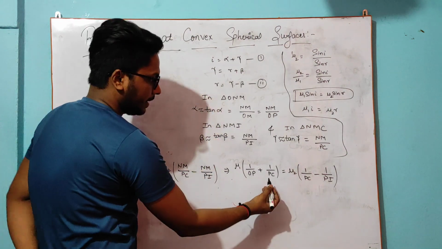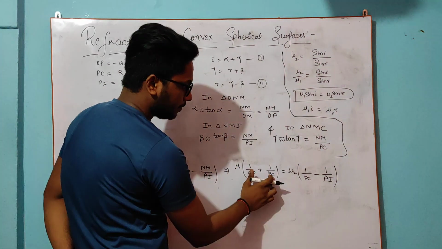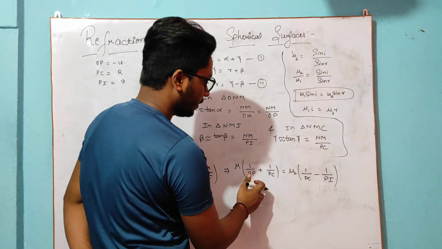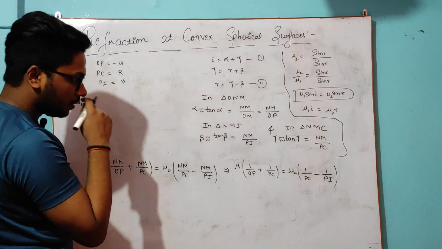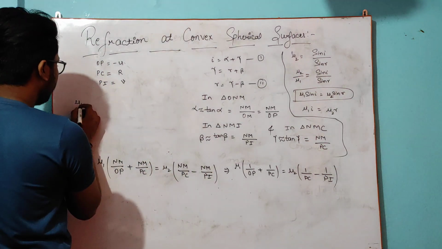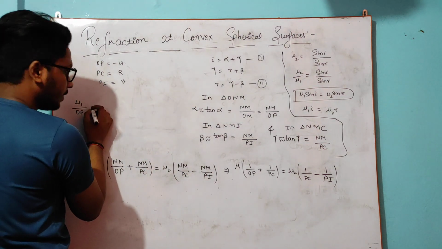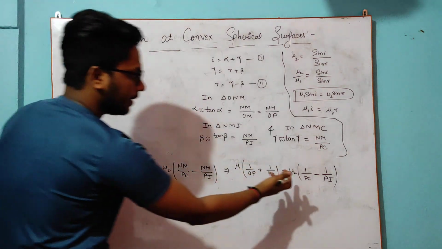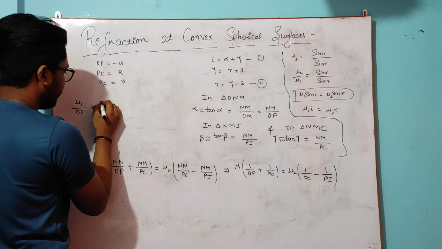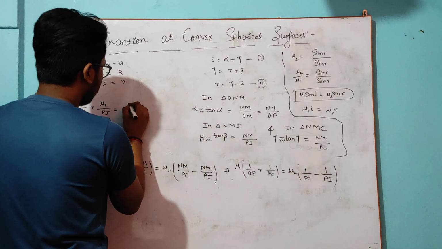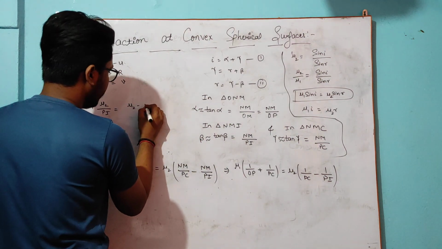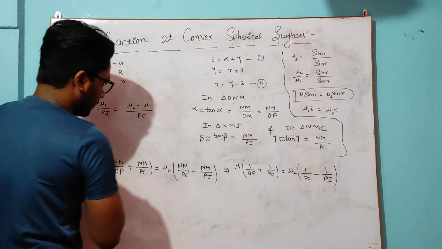Now take mu1 upon PC to the right hand side and the other term to the left hand side. Then we are left with mu1 upon OP plus mu2 upon PI equals mu2 minus mu1 upon PC.